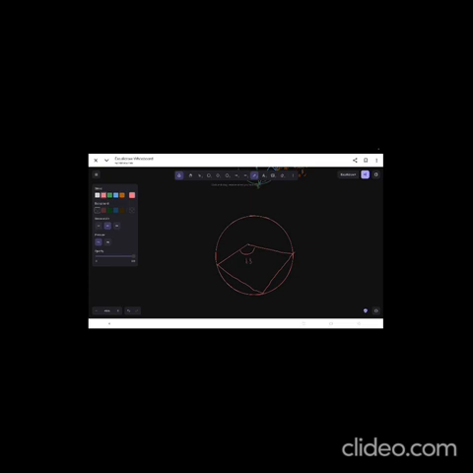This is 130 degrees, and if this is 130 degrees, see, it's the second theorem. We have an angle at the center and an angle at the circumference, yes or no? And on the same arc. So for finding this, we have to find this value of y, and this value of y will be equal to 360 degrees minus 130 degrees, which is 230 degrees.